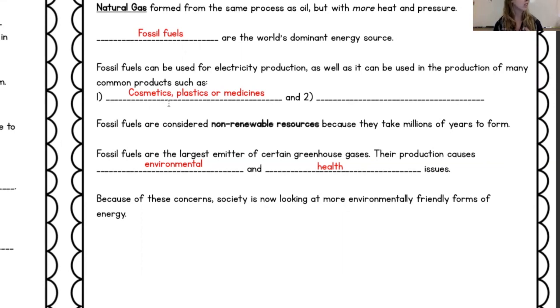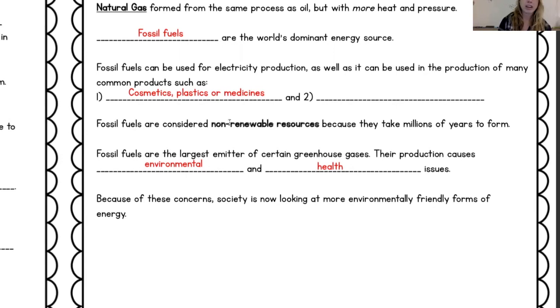Look around. Look at your book bins. Look at the document cameras, plastic. Chairs are plastic. Your desk bins are plastic. The paper towel holders, plastic. The garbage can, the recycling bins. I could go on and on and on. Plastic is everywhere, and it is made by fossil fuels. Fossil fuels also make lots of medicines.